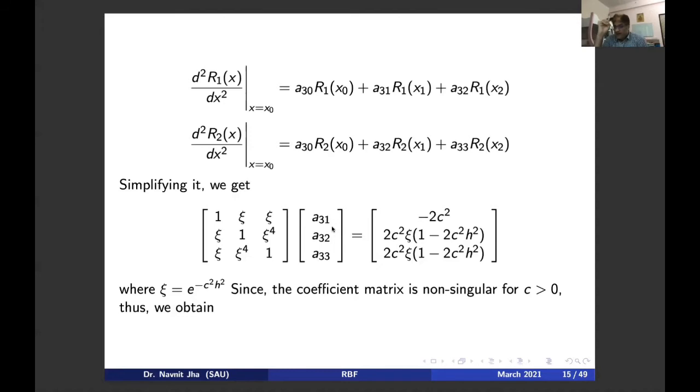Earlier, I showed that the coefficient matrix for the first order derivative is invertible, but for the second order derivative, you have to show whether the inverse exists or not. It is easy to verify that this matrix is again non-singular. I think probably both are the same coefficient matrix, but I'm not sure, you can check it. But it is non-singular for c greater than 0, exactly on the same pattern. Is it okay? Now I have the approximation of the second order derivative.